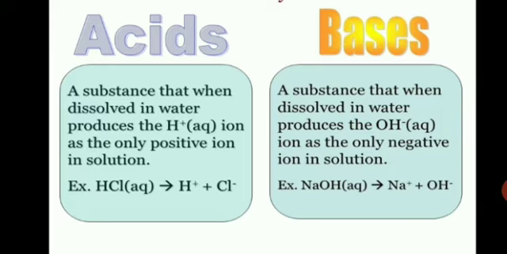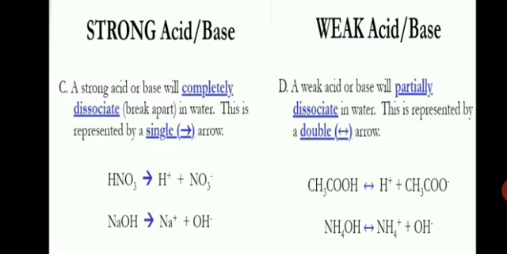And we have differentiated strong acids and bases on their ionization capacity. How do we define a strong acid or base? It will completely dissociate in water. A strong acid or strong base will dissociate or ionize into its ions.